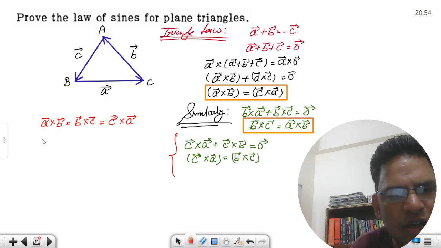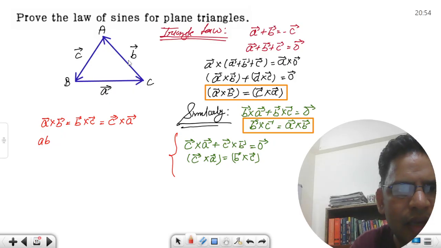So now applying the concept, it is going to be the modulus of ab sine theta. What is the angle between A and B? What is between side A and side B?